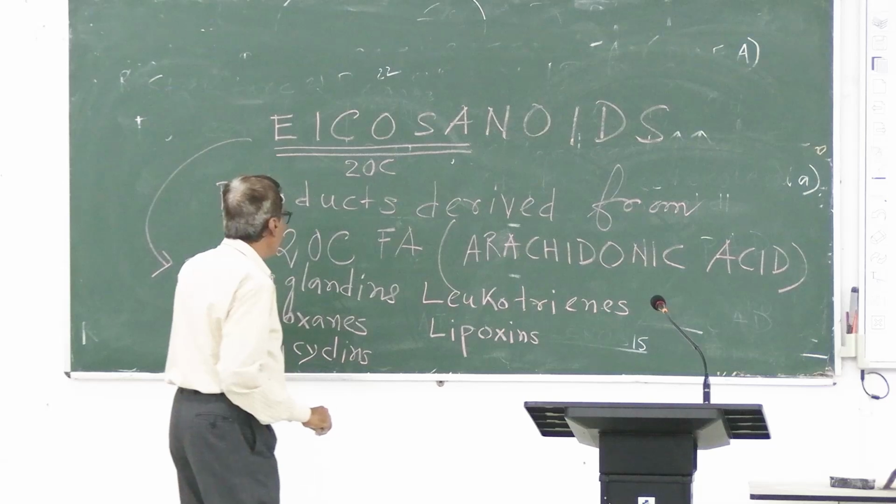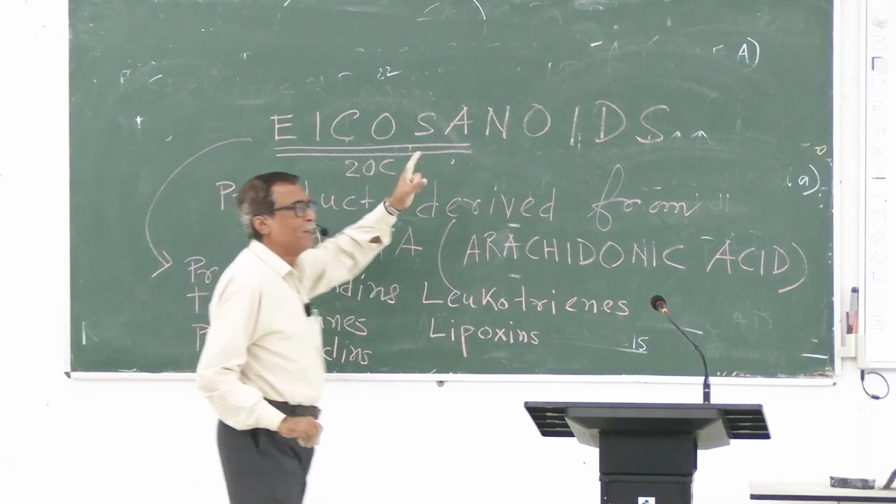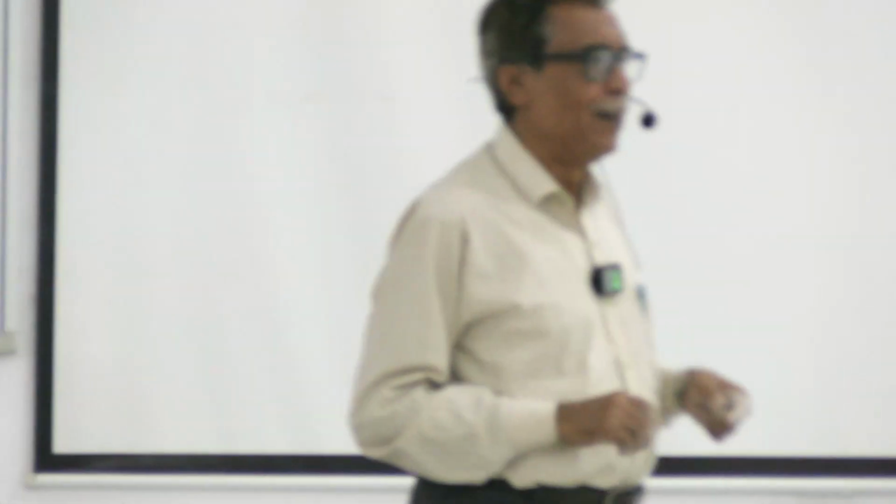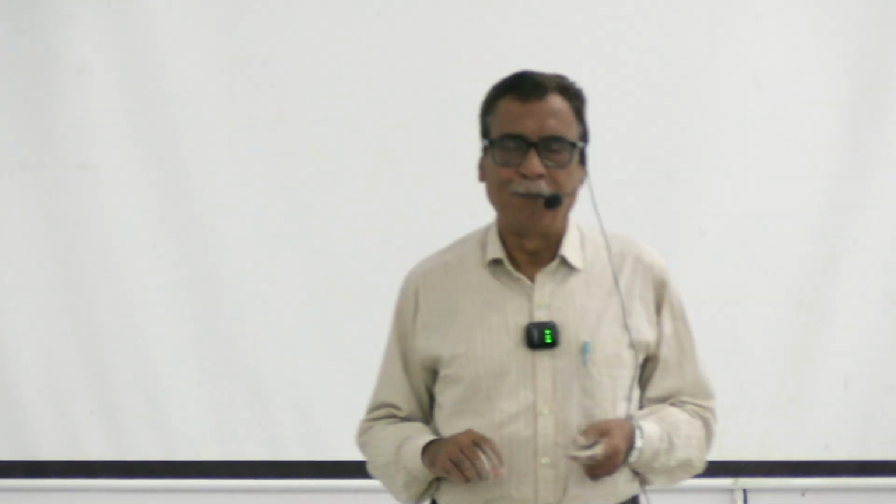All these 5 compounds are collectively known as eicosanoids, derived from arachidonic acid.